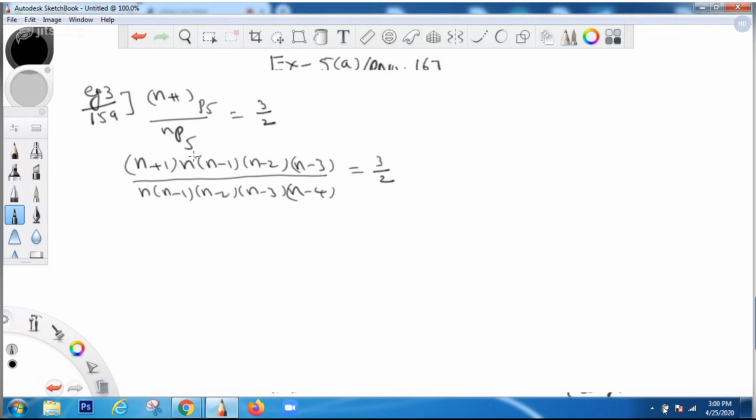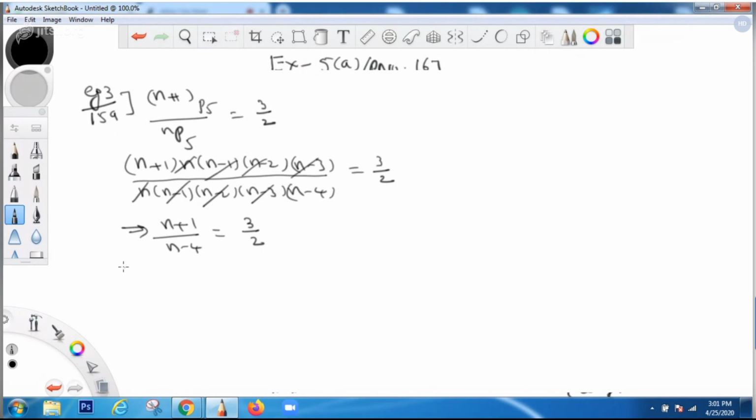Now n is cancelled, n minus 1, n minus 2, n minus 3 cancel. Remaining is (n plus 1) divided by (n minus 4) is equal to 3 by 2. Isn't it?